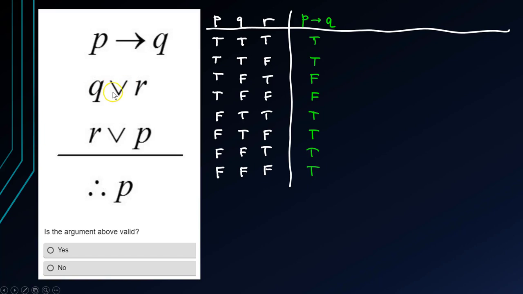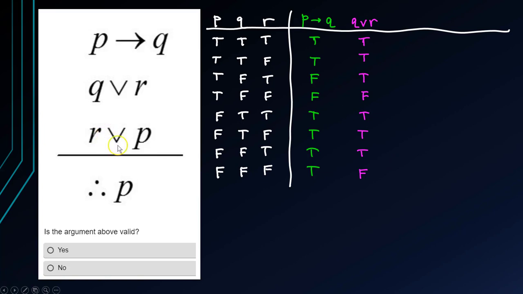Q or R means that when I look at these two columns again, as long as one of them has true for a truth value, the whole thing is true. It's only false when both of them are false. So in this statement you're only going to see falses here and here, and it's going to be true everywhere else.